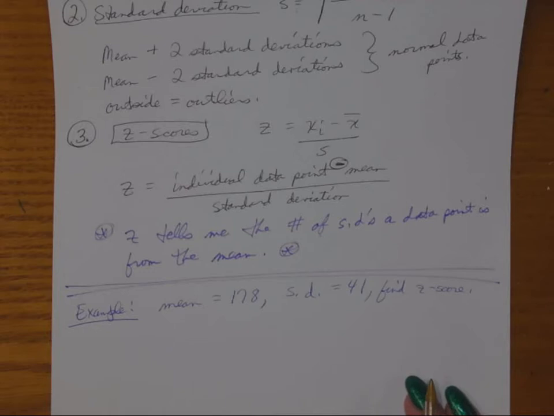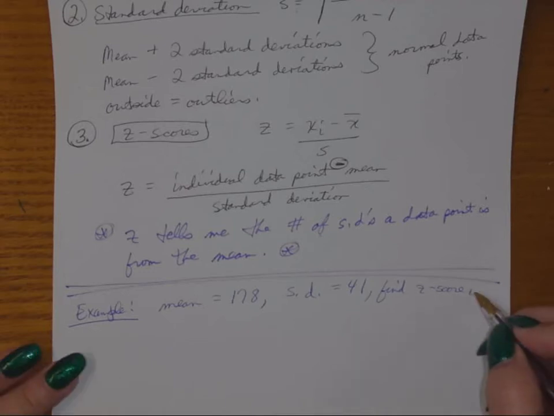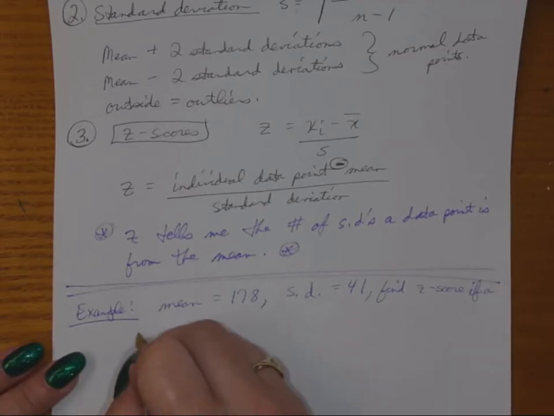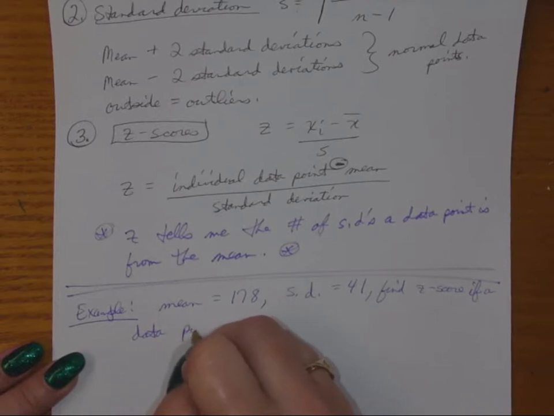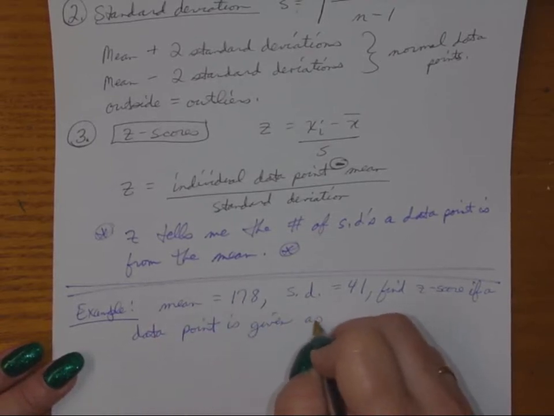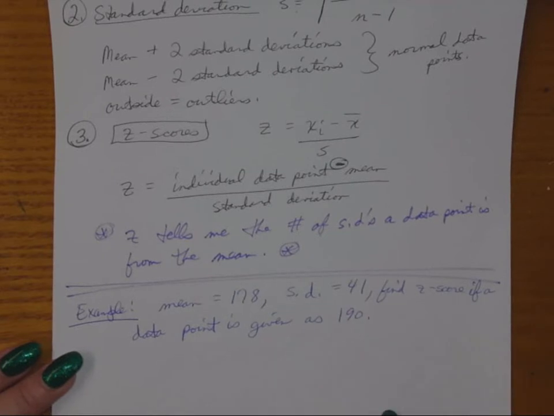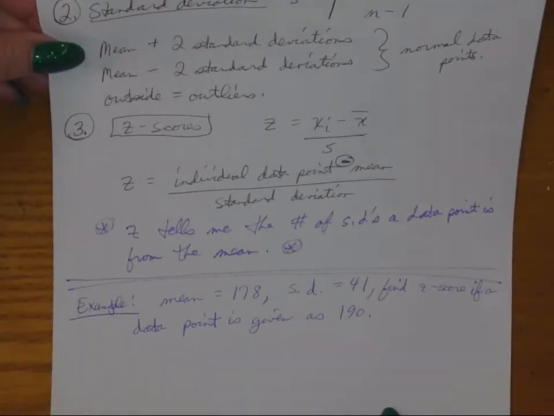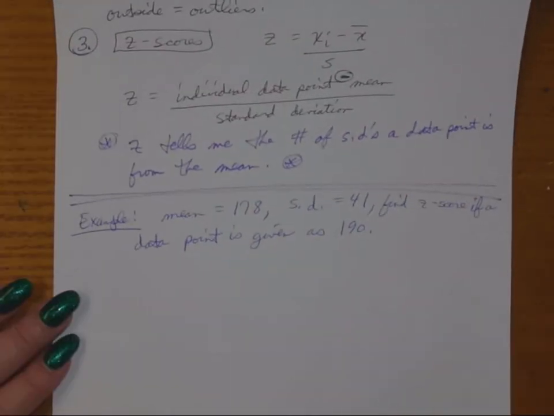Find your z-score if a data point is given as 190. Okay, so find that z-score.